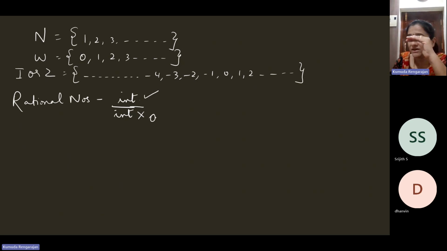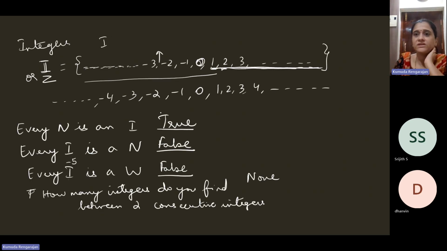But the denominator integer should not be 0, because 0 is an integer, no? The denominator can be any integer, but not 0. The numerator can be any integer, and it can even be 0.